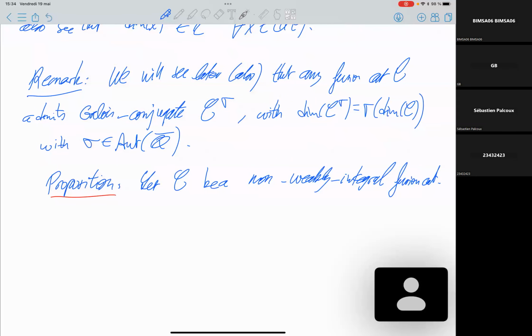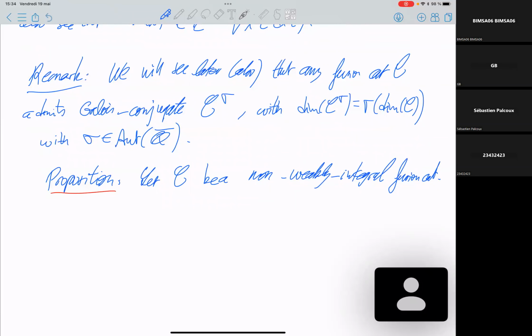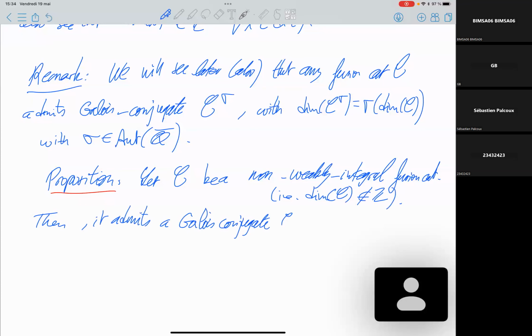So you take a fusion category which is not weakly integral, which means that the categorical dimension of C is not an integer. Then it admits a Galois conjugate C^σ, which is not pseudo-unitary.